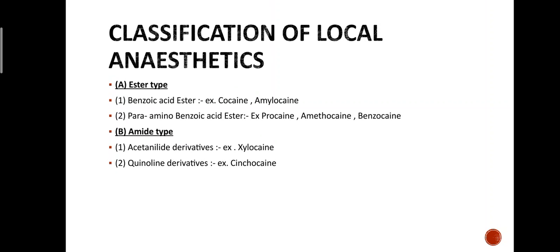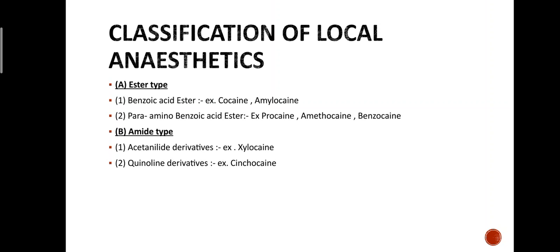Classification of local anesthetics. Local anesthetics are generally classified into two main types: ester type and amide type. In ester type there are two subtypes, benzoic acid ester and para amino benzoic acid ester.